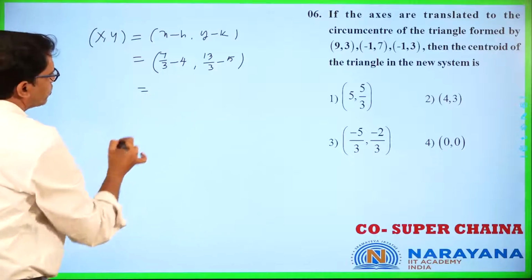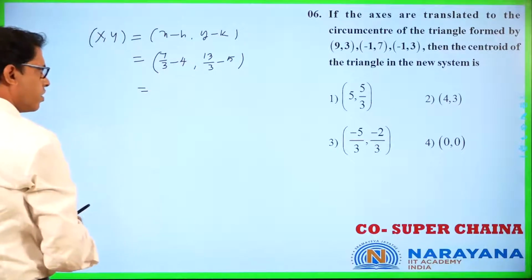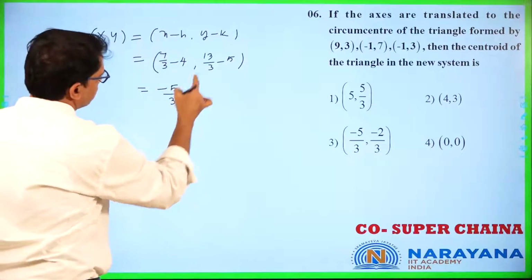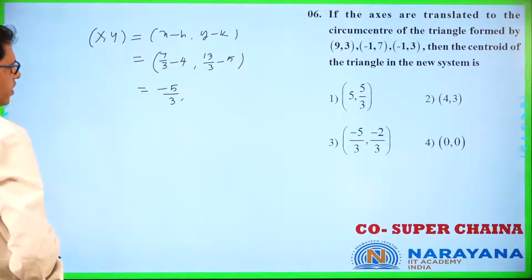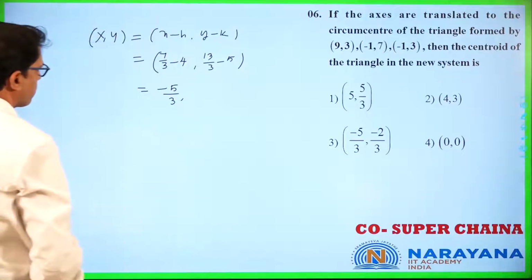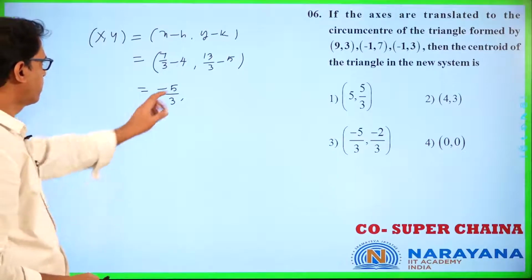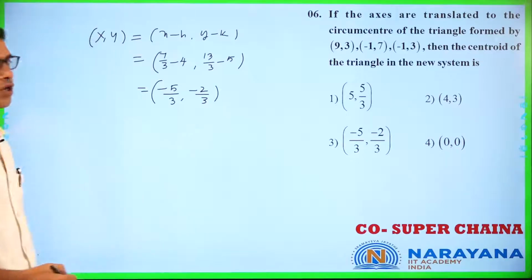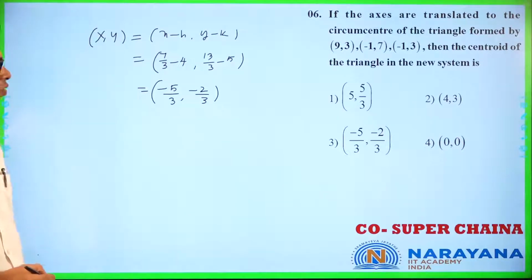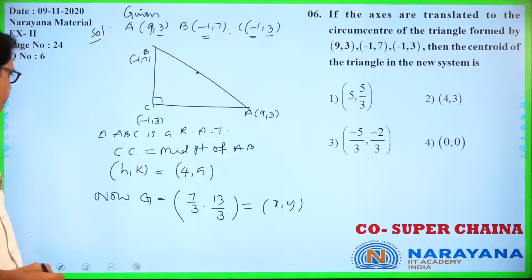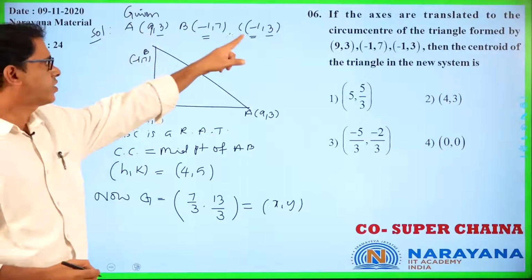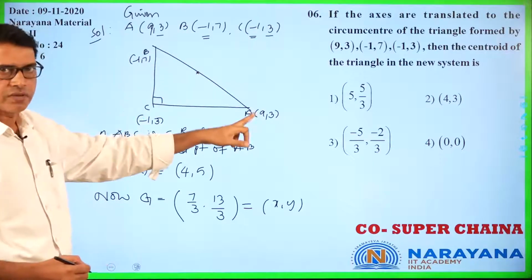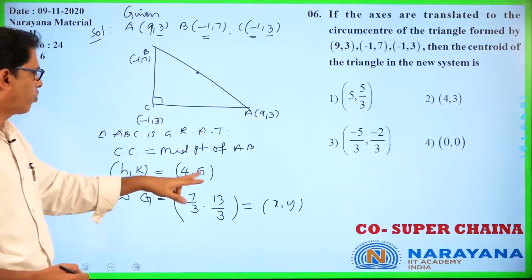That equals 7 minus 12, which is minus 5 by 3, and then 13 minus 15, which is minus 2 by 3. These are the new coordinates of the centroid. To recap: the points form a right angle triangle, so the midpoint of the hypotenuse is the circumcenter, which is 4 comma 5.